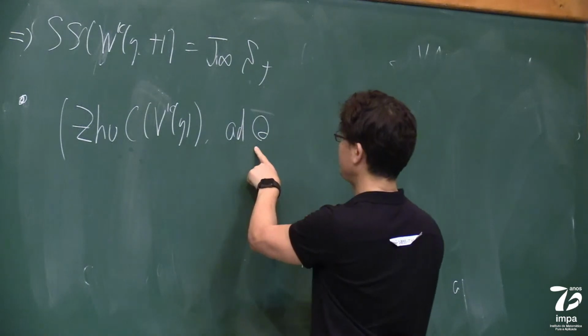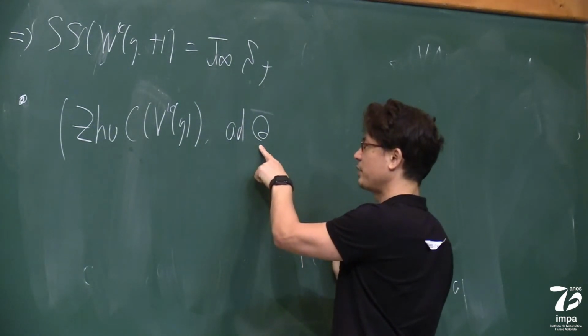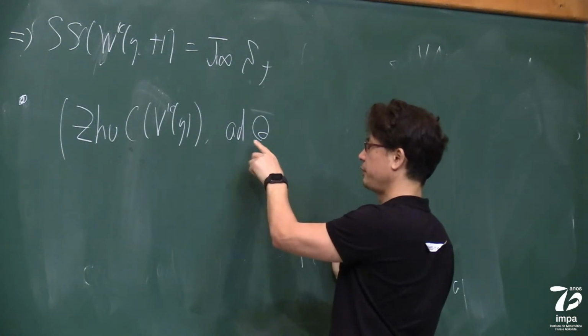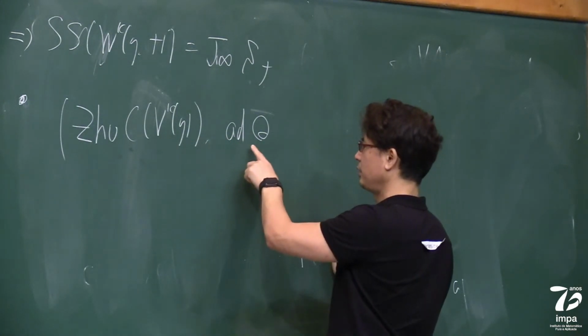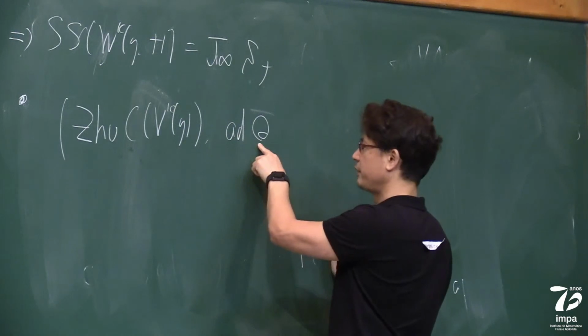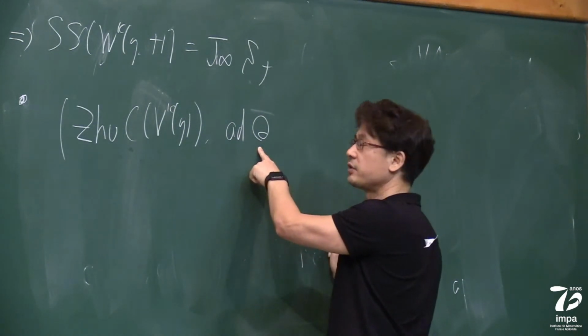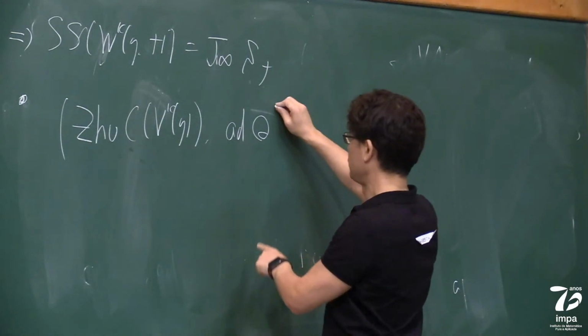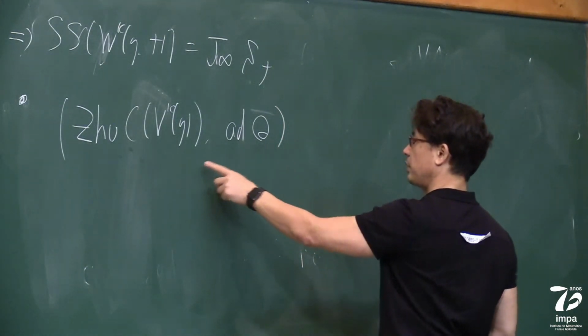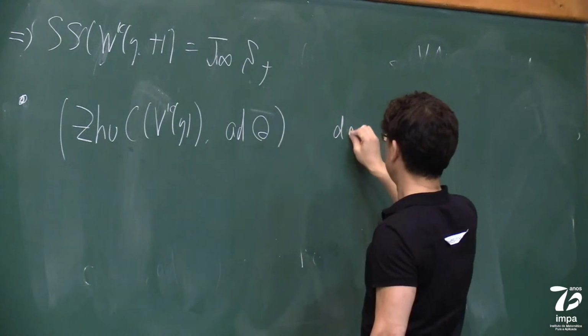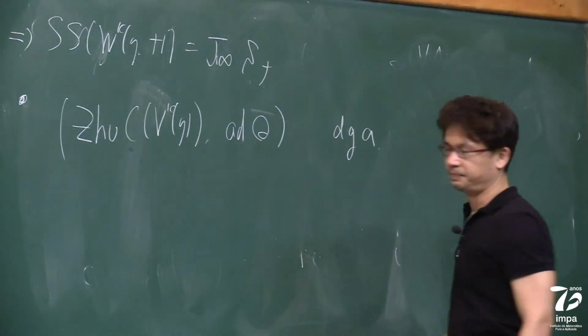So I identify Q with the image in Zhu's algebra. Then, because this is an algebra, you can define the adjoint. Then because Q0 squared equals 0, you find the adjoint of this equals 0 as well. So you obtain this way a differential graded algebra.